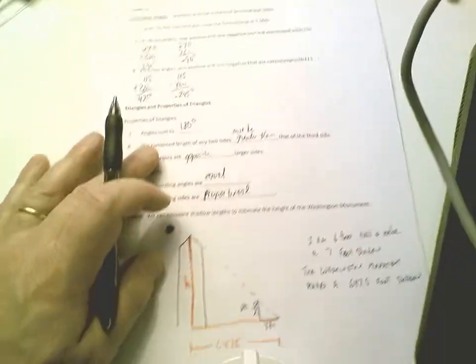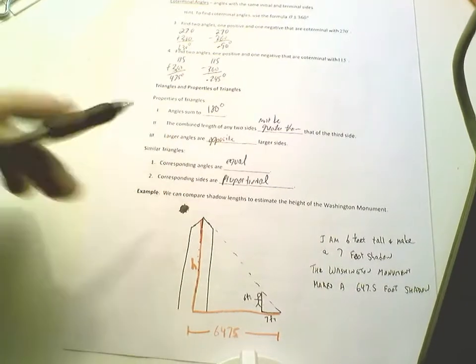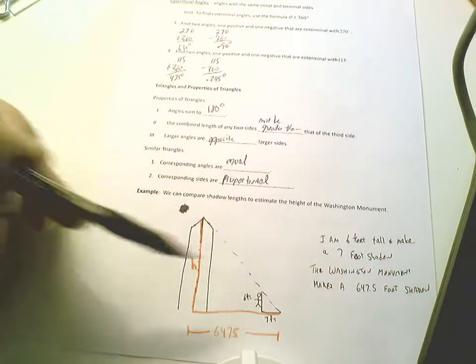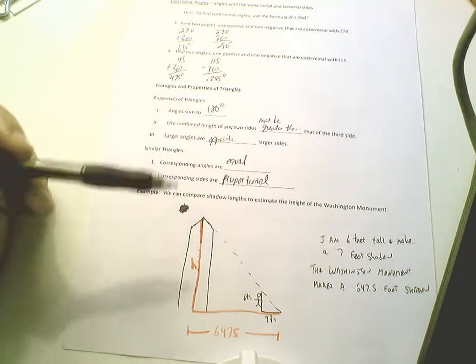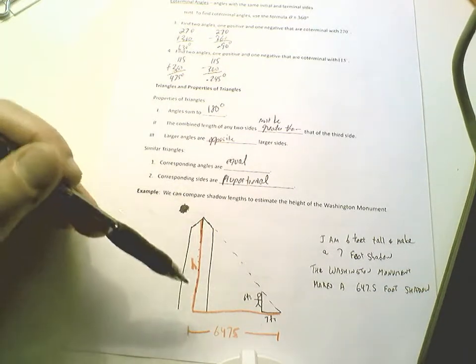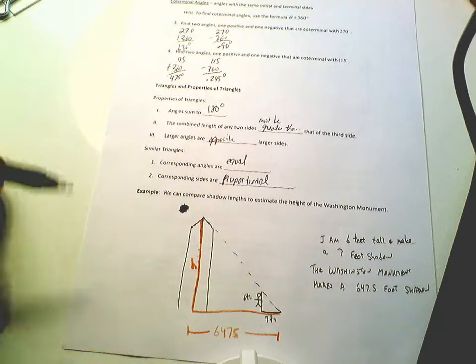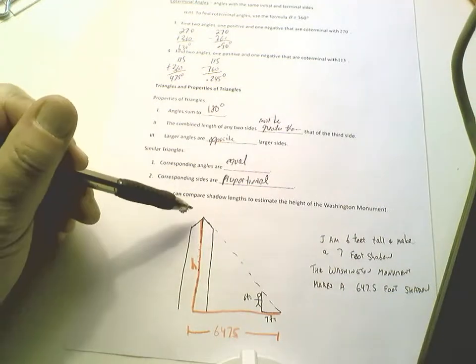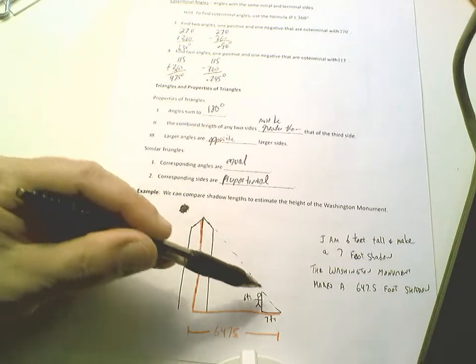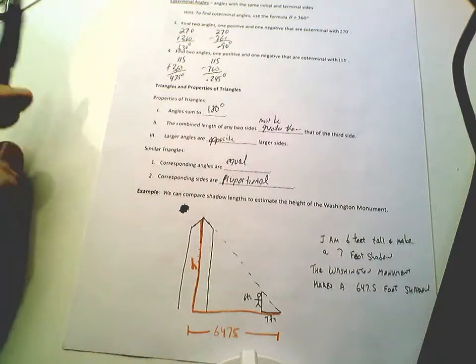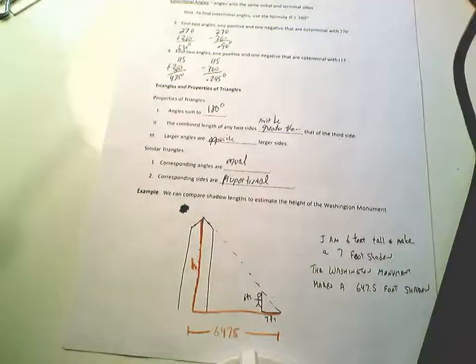For instance, and you'll see this as you work through some practice problems, with similar triangles we can compare shadow lengths and build our own little triangles to estimate things that we could not measure directly, such as the height of the Washington Monument. The Washington Monument casts a shadow, I cast a shadow, and our angle to the sun is essentially the same because the sun is 93 million miles away from us.